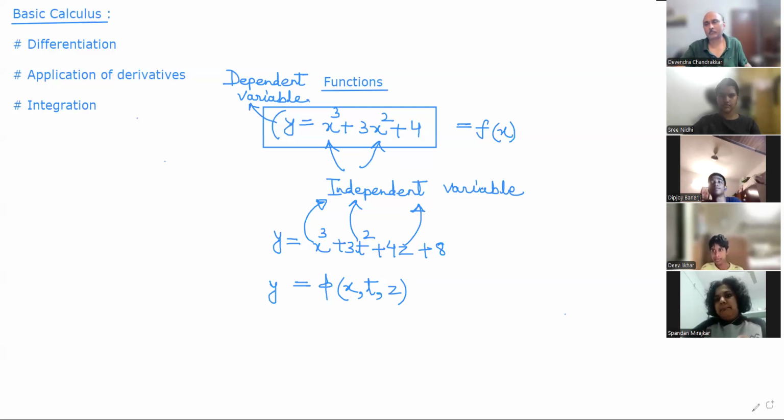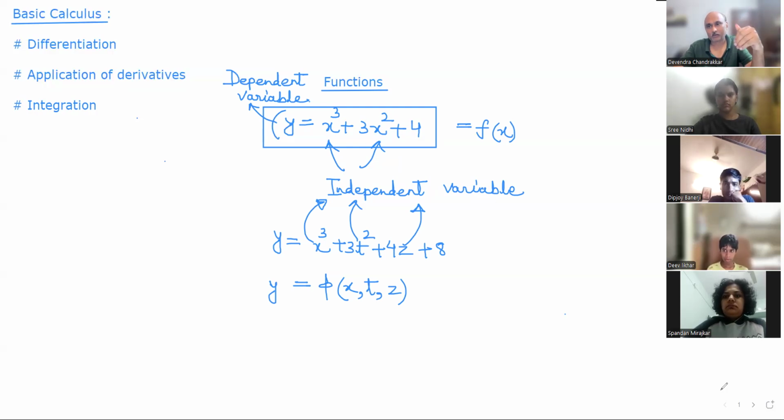Now coming back to our, what do we want to learn now is, we want to see if I change the value of independent variable, how does that change in the value of independent variable affects the change in the value of, or affects y.